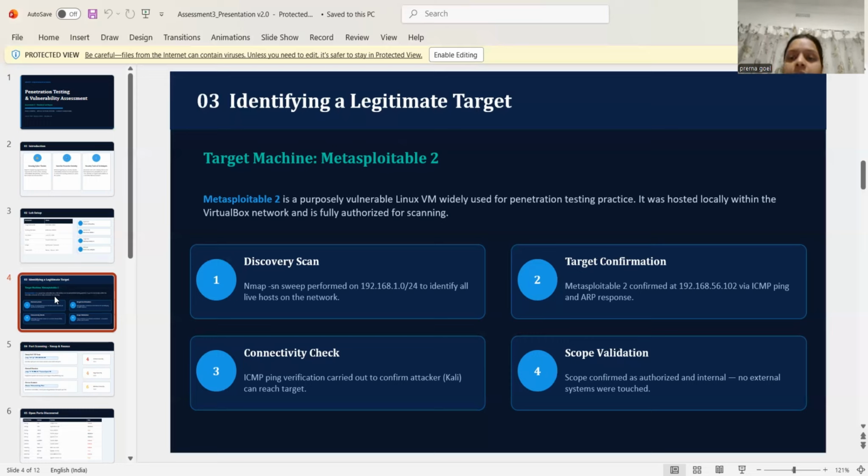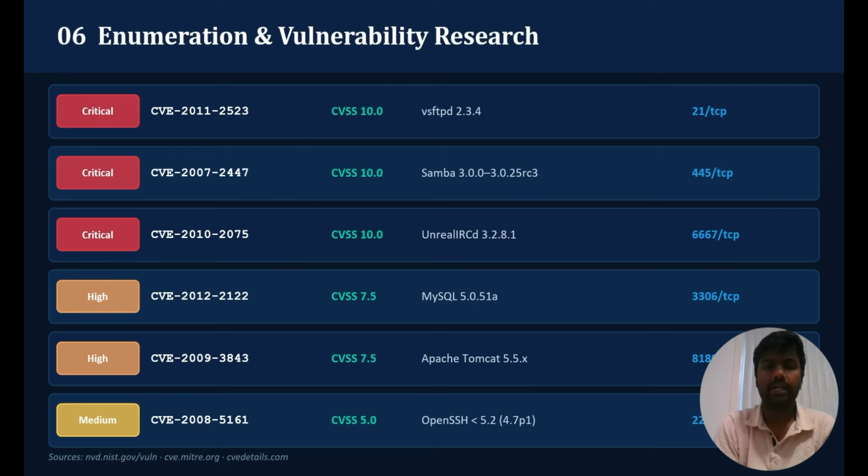We then researched the discovered vulnerabilities using public CVE databases. We identified 6 major vulnerabilities, including CVE-2011-2523 for VSFTPD and CVE-2007-2447 for Samba.